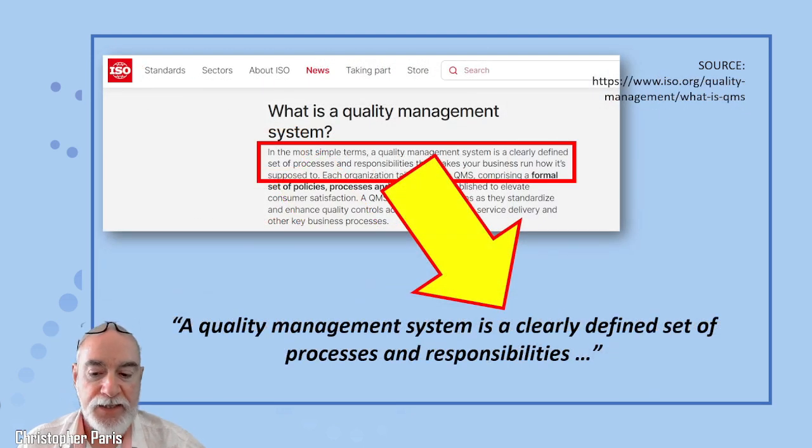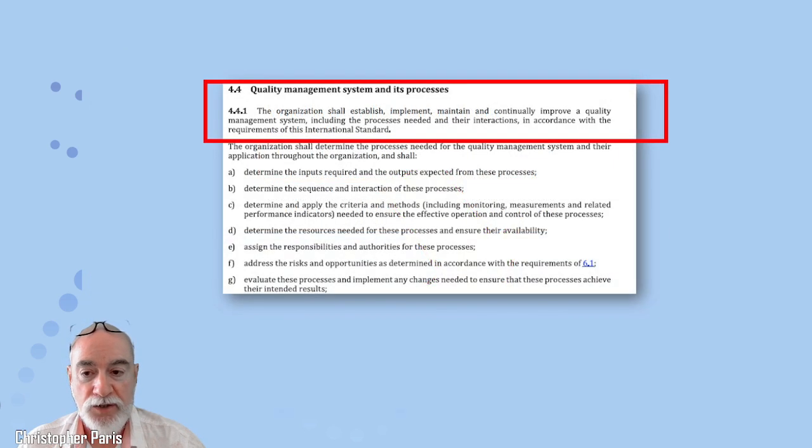ISO itself then says that a quality management system is a clearly defined set of processes and responsibilities. Don't worry about the responsibility part, but a system is a set of processes. So you understand that. We then go into ISO 9001:2015 itself. Clause 4.4 says that the quality management system consists of the processes needed and their interactions.